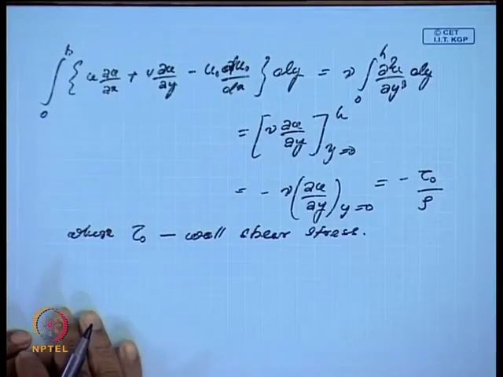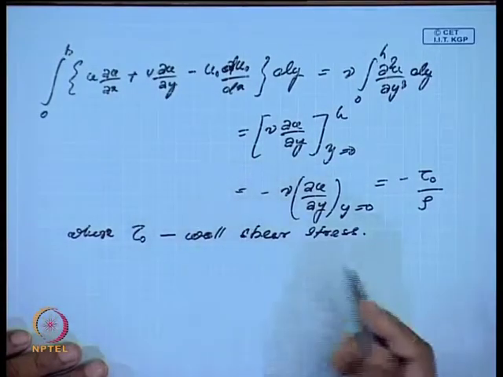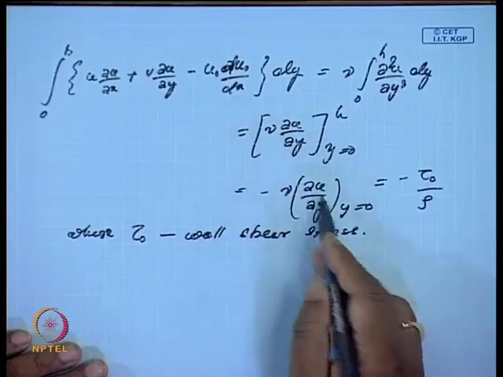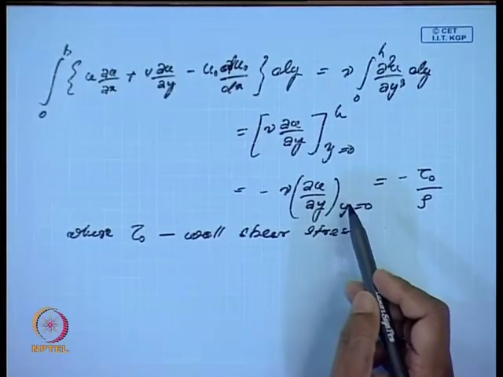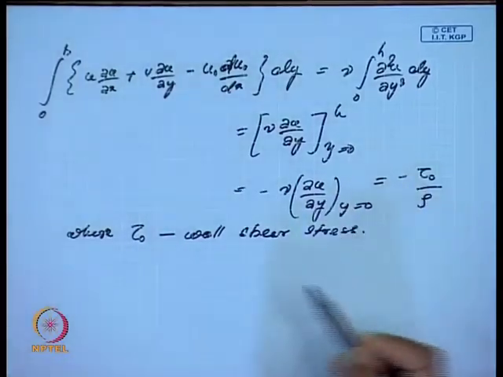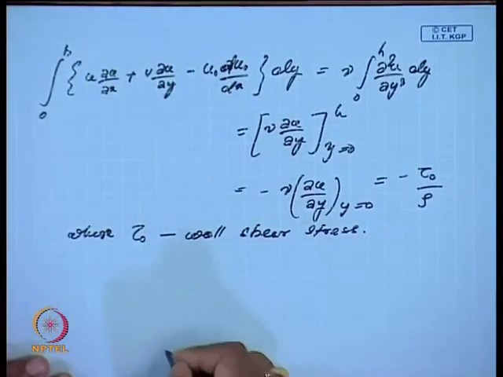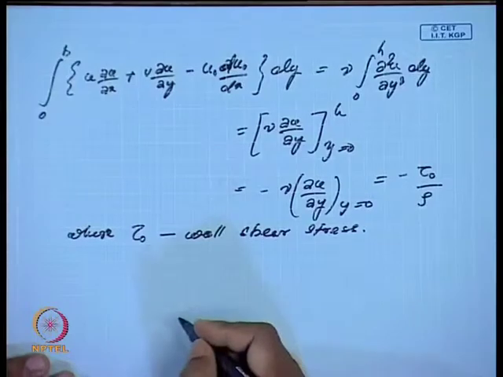Further, as I have already mentioned, del u by del y at y is equal to h is 0, because it is beyond the boundary layer, and beyond the boundary layer u is equal to u naught x, and in the process that is 0.